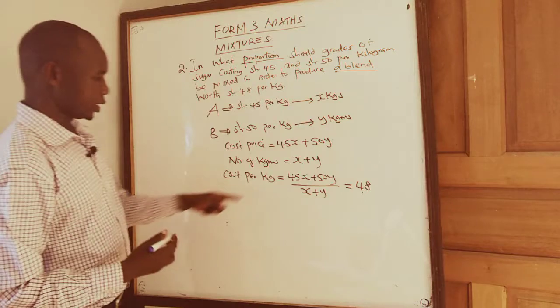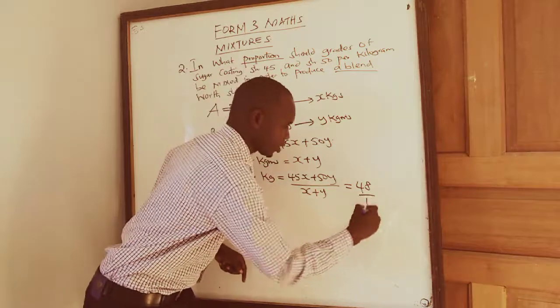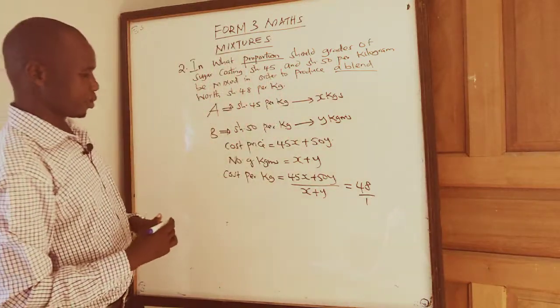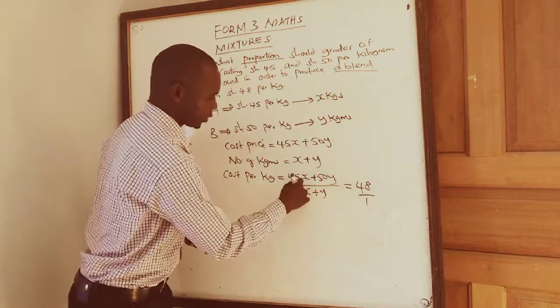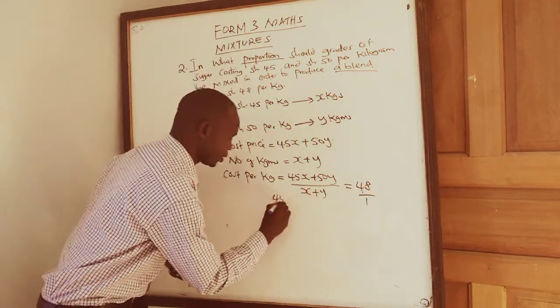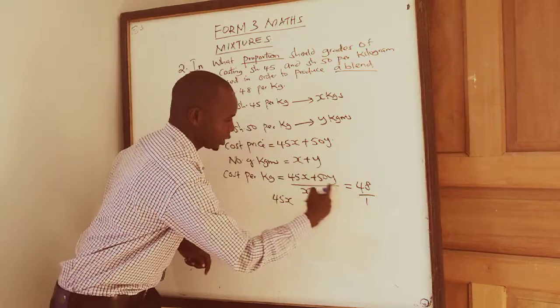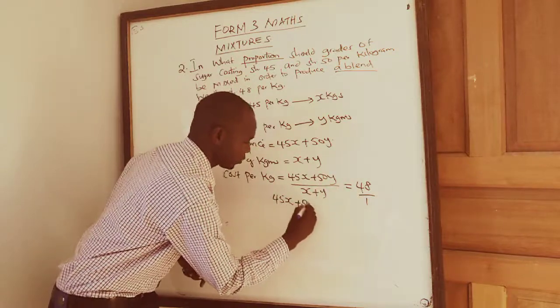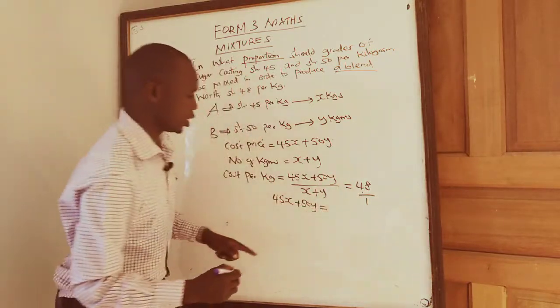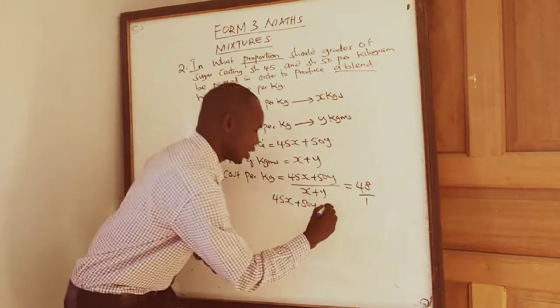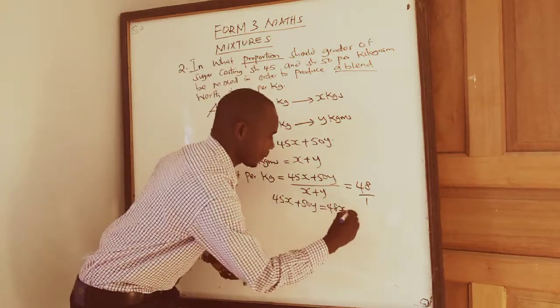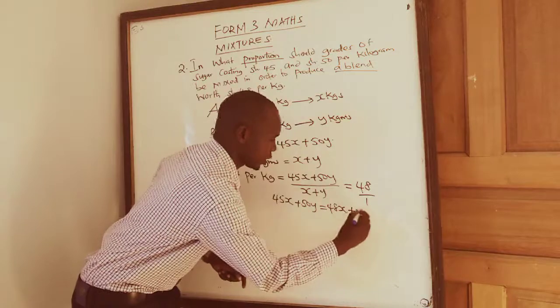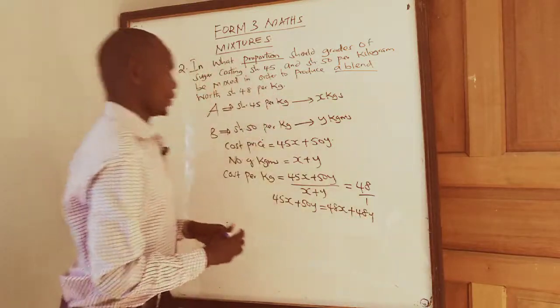Since this is a fraction, we can cross multiply. 1 times 45x gives 45x, then 1 times 50y gives 50y, and this is equal to 48 times x, which is 48x, plus 48 times y, which is 48y.